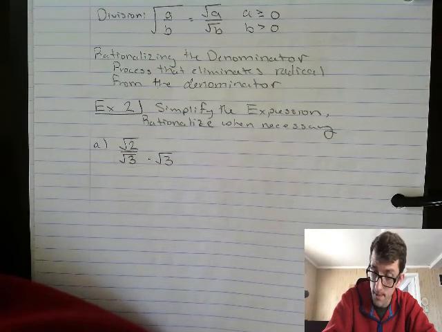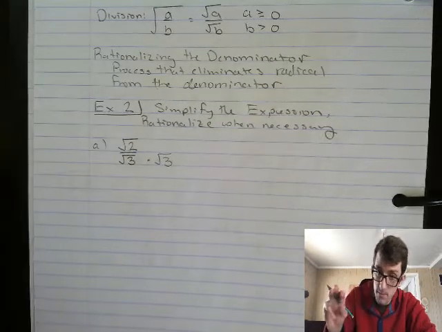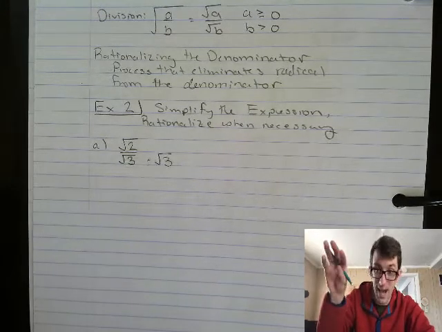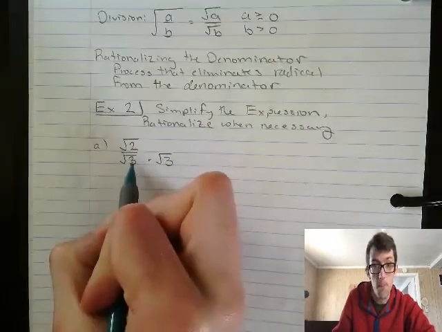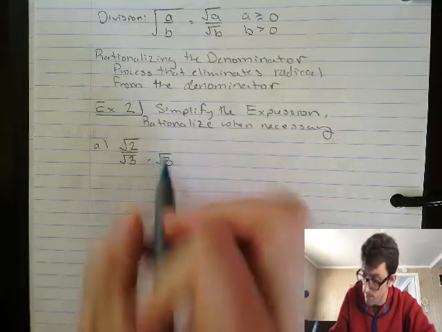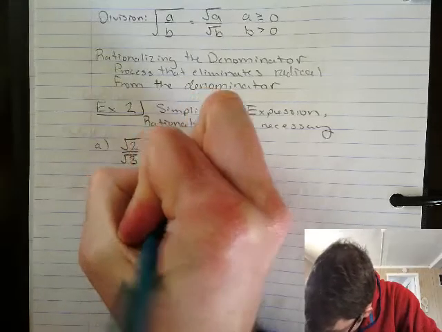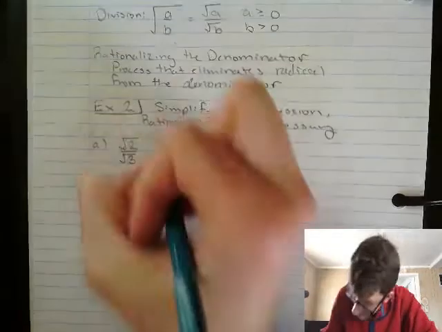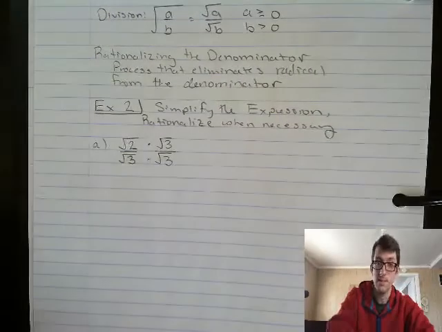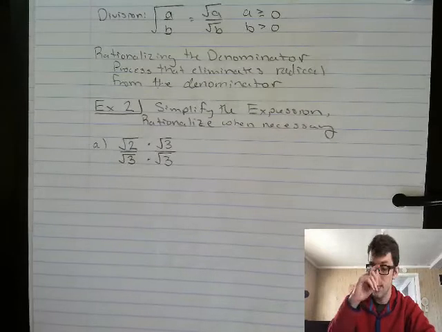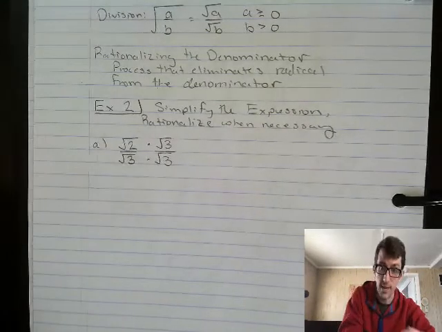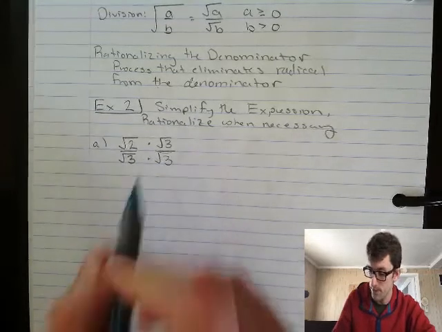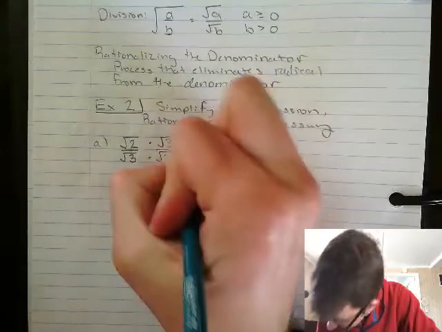So when we rationalize the denominator and we multiply the bottom, what we do to the bottom, we also have to do to the top. So it's not just multiplying by the square root of 3 on the bottom. We have to multiply the square root of 3 on the top. It's kind of like when we balance an equation. When we do something to one side, we have to do it to another. Same thing with the fractions.